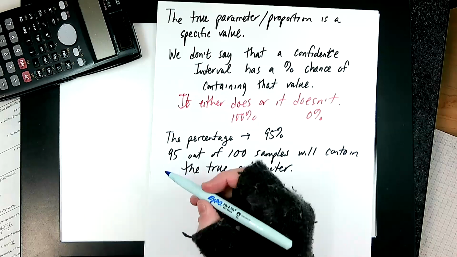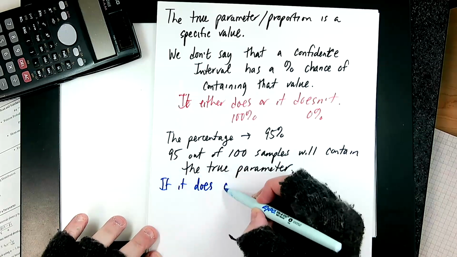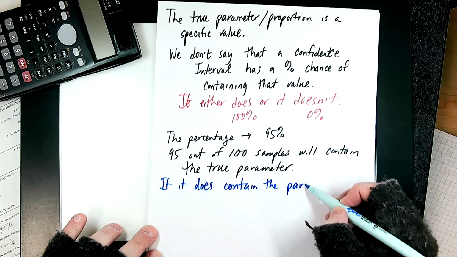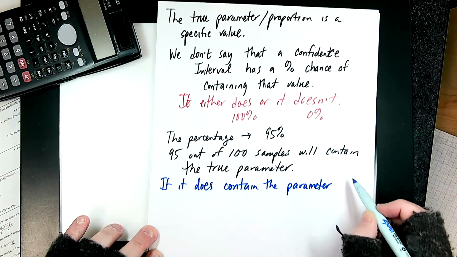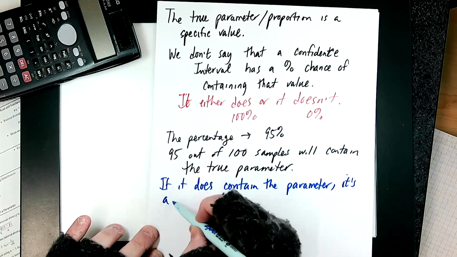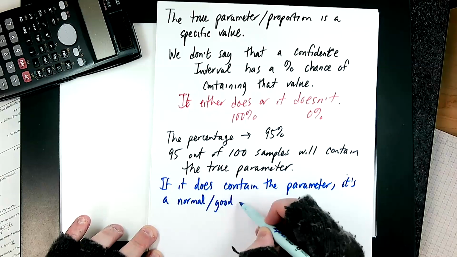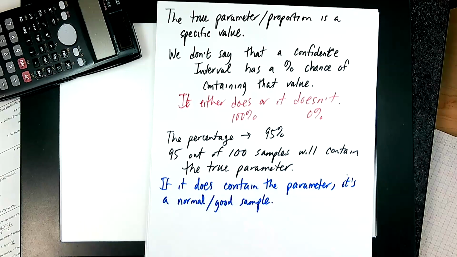If it does contain the parameter, as most of them do, 95% of them contain it, it's a normal sample or good sample. We just won't know. It's unlikely that you'll know the real proportion.